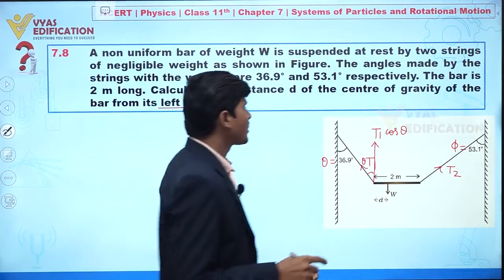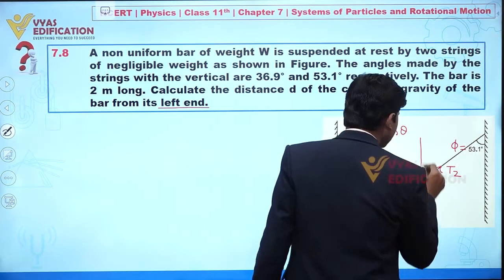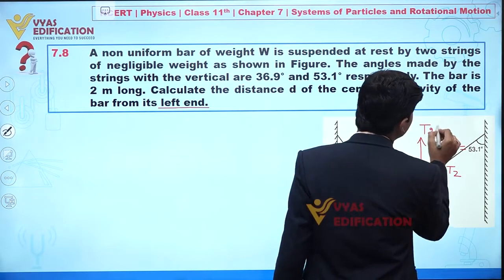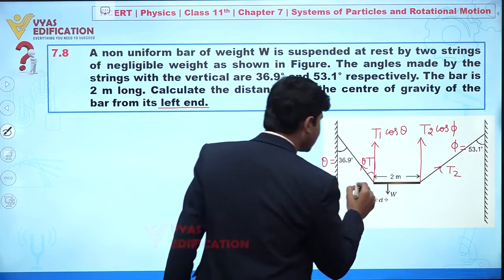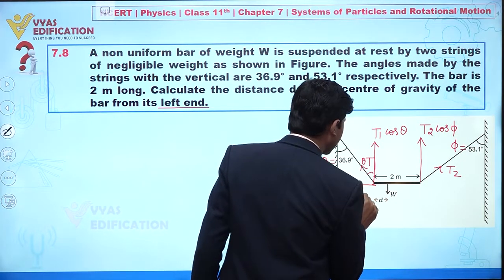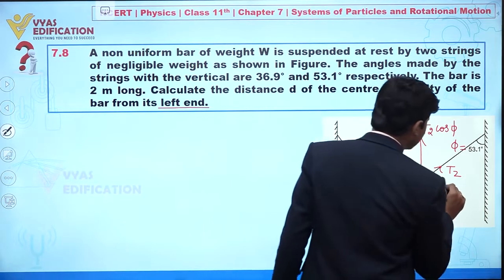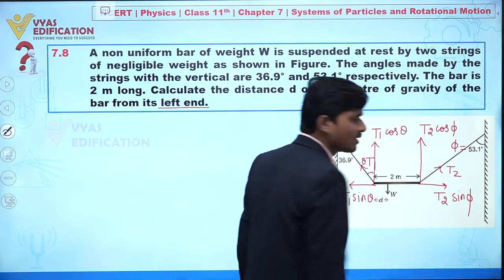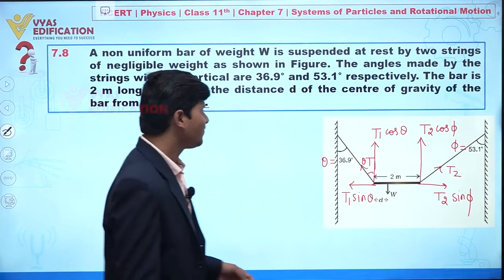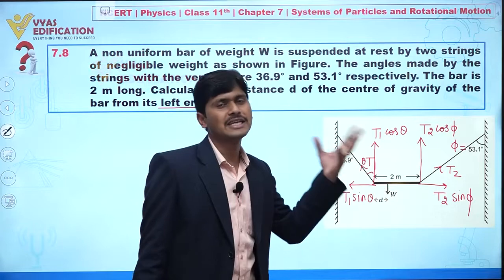In this direction we have one more component, T2 cos phi. In this direction we have T1 sin theta, and here T2 sin phi. Clear everyone?